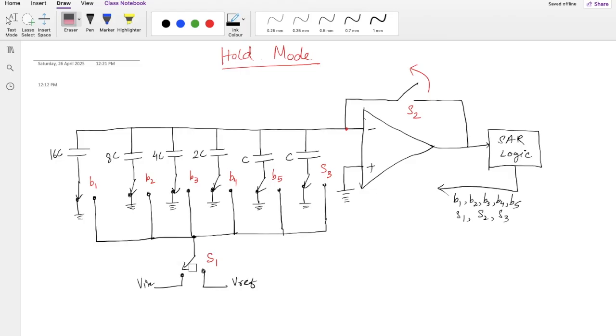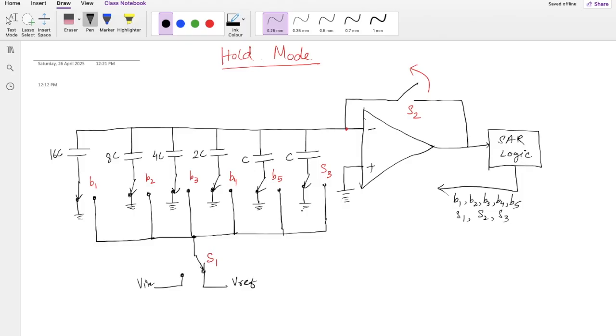Although this S2 wire is now disconnected from this capacitor, we are preparing for the next stage. So this S1 will be connected to this Vref. Now the whole thing is disconnected from Vin. As I was mentioning, S2 is opened first, before connecting these switches to the ground.